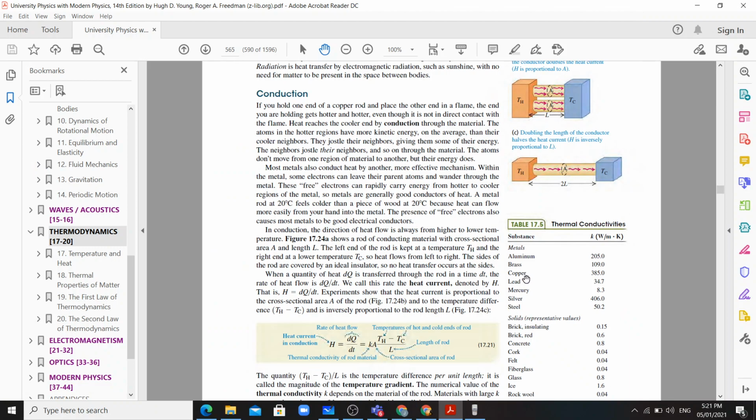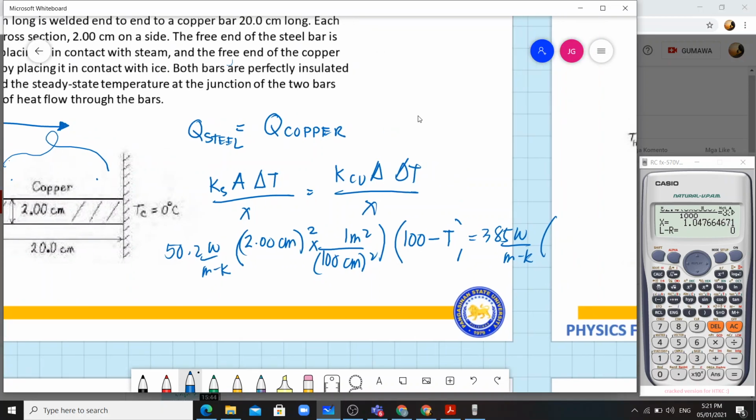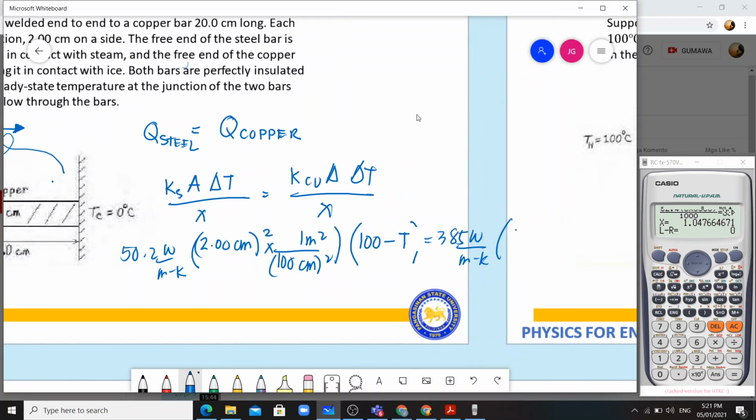Ang copper is 385 watts per meter Kelvin. So, ganun din yung area, 2.00 centimeter squared times 1 meter squared over 100 squared. Okay.